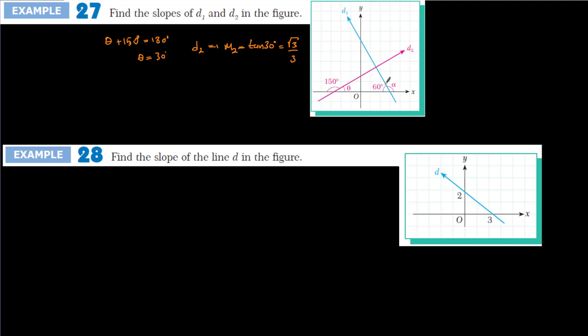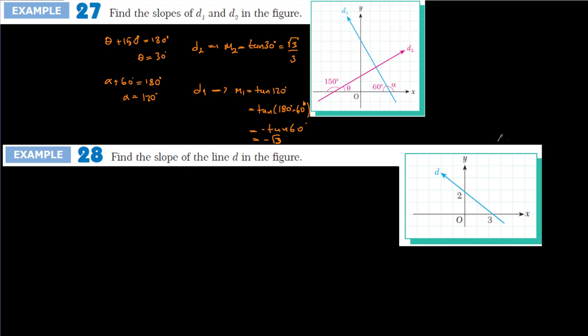For D1, alpha plus 60 is equal to 180 degrees, so alpha is 120. M1 is tangent 120, which is tangent of 180 minus 60, equal to minus tangent 60, which is minus root 3.